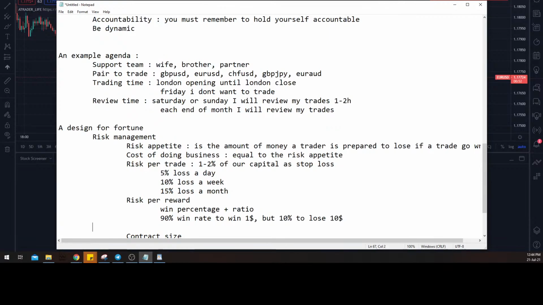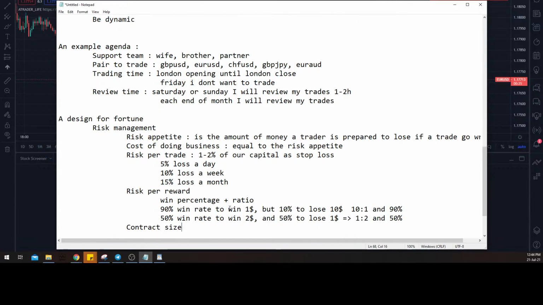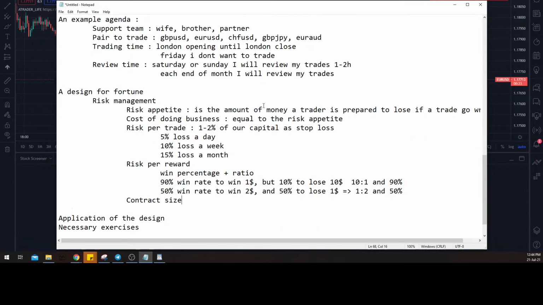But instead, for example, you can have a 50% win rate to win $2 and 50% to lose $1. So this is the equivalent of a risk reward of 1 to 2 and 50% win rate. In the other case it's 10 to 1 and 90%, so I think it's something like this.